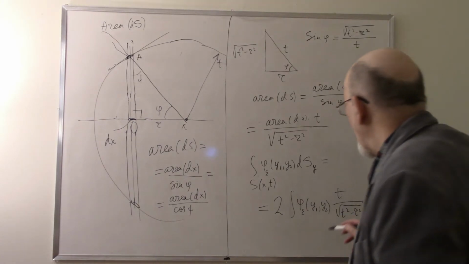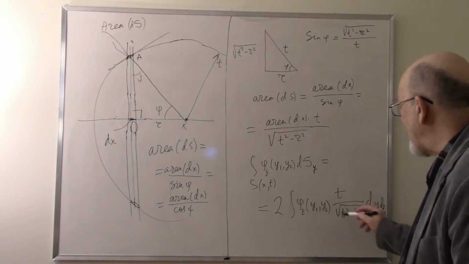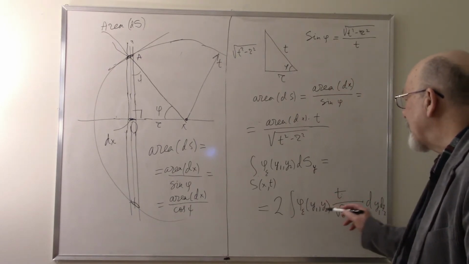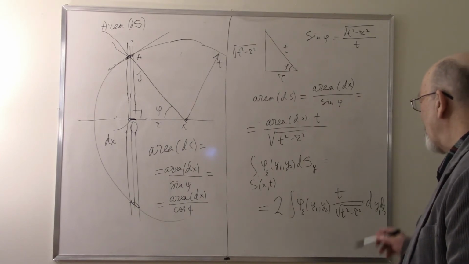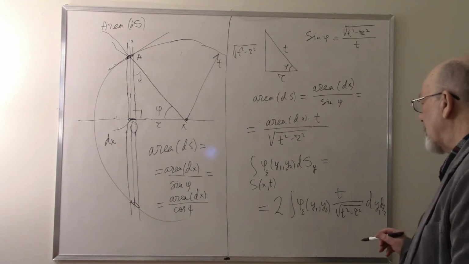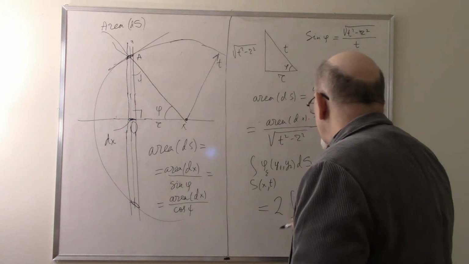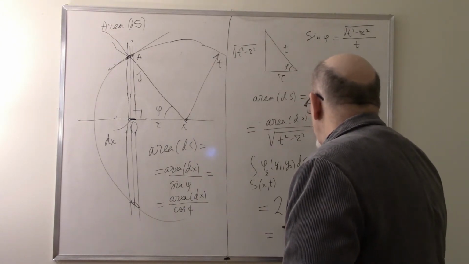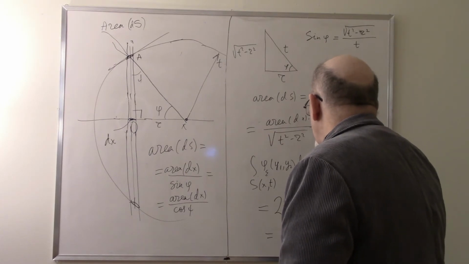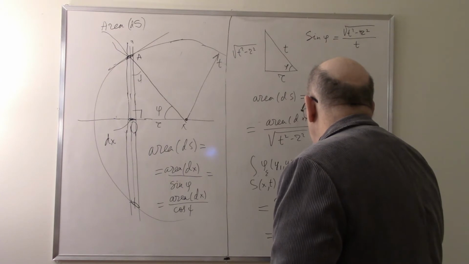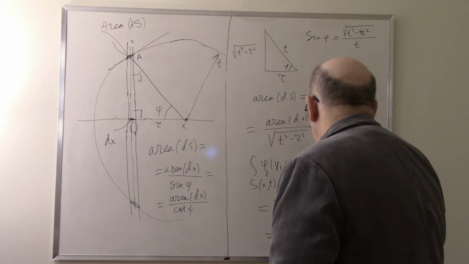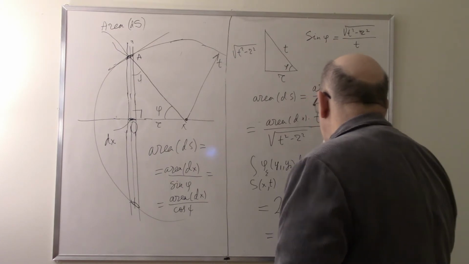Yes, but this is a constant, and the integral of phi epsilon is 1. So this means that it equals 2t divided by the square root of t square minus r square.